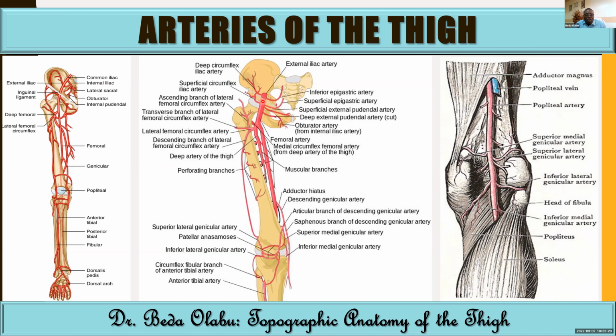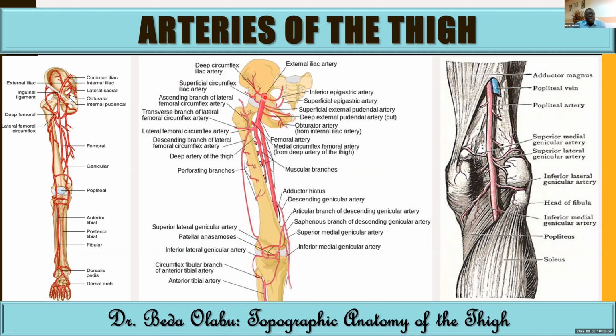So this is the common femoral artery dividing into two, the superficial femoral artery and the deep femoral artery. The deep femoral artery is the one called the profunda femoris artery. So common femoral, deep femoral, and superficial femoral artery constitute the femoral arterial system.